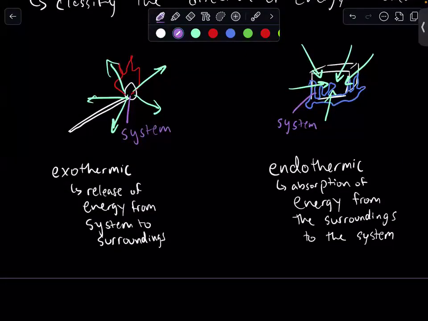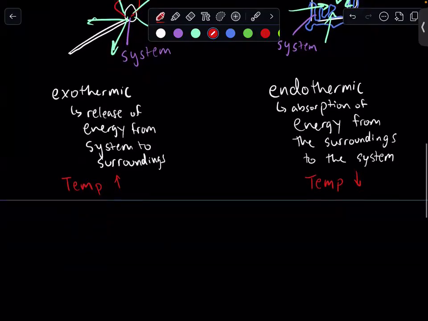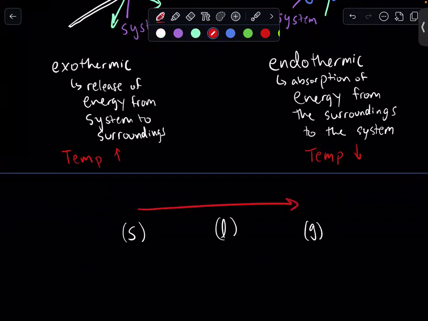Generally, when we think of a release of energy, temperature will increase. When you use a match, it gets hot around the flame. And when we absorb energy, temperature usually decreases. For example, if you have that ice cube in your hand, it's going to get cold as it melts. We definitely have some physical ways of looking at this, and these would be changes of state. If we have our solid state, our liquid state, and our gaseous state, as we go from solid to gas, that requires absorbing energy.